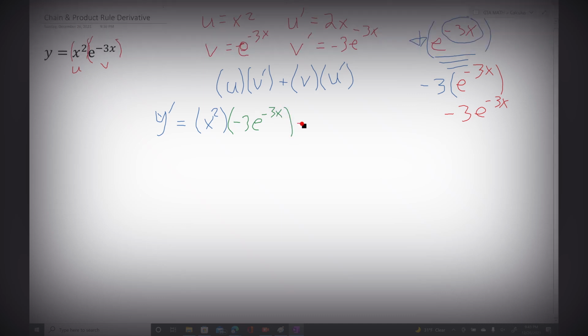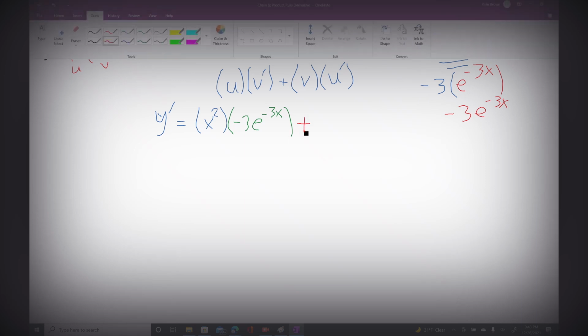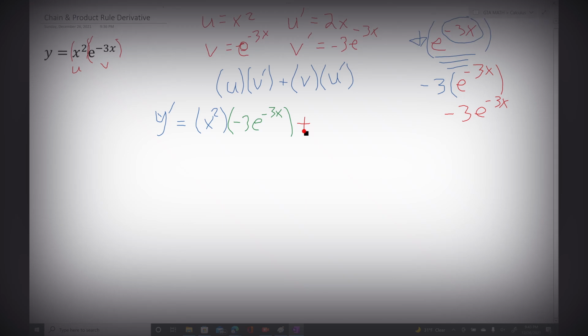And then we're adding, so I'm going to make this red. And then we're going to use our v term, which is just e to the negative 3x. And then our last derivative is u prime, which we already said was 2x.